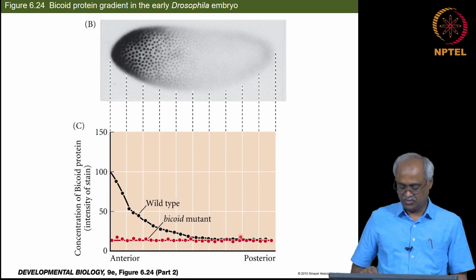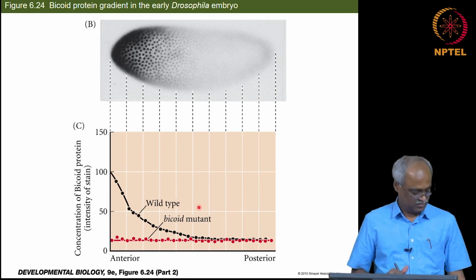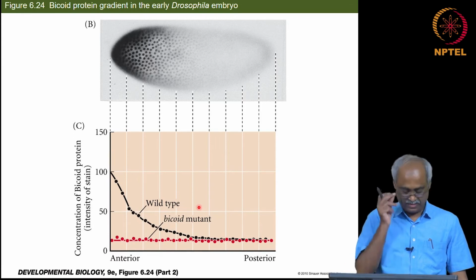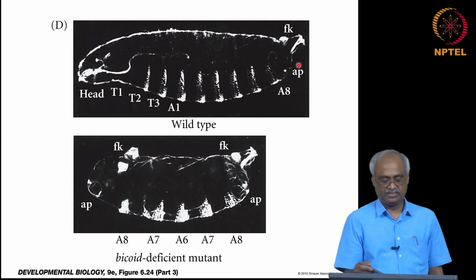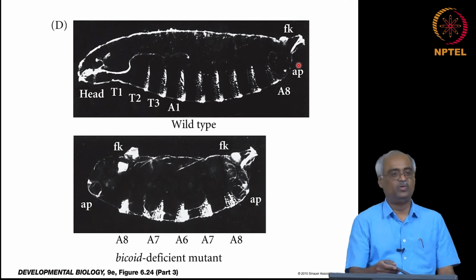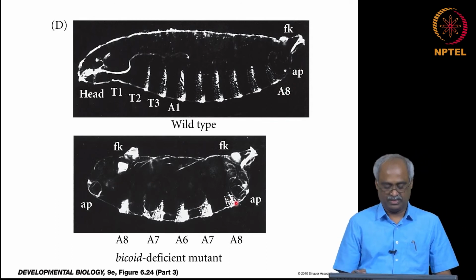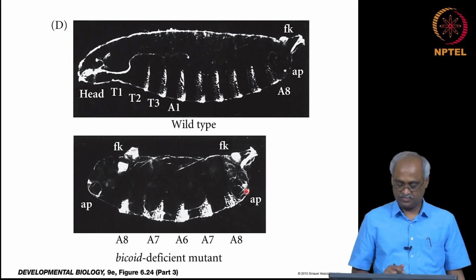This is the mutant and this is the wild type quantitation of that protein signal. So, this is how the surface cuticle looks in wild type and bicoid mutant, which is missing some of the head structures.